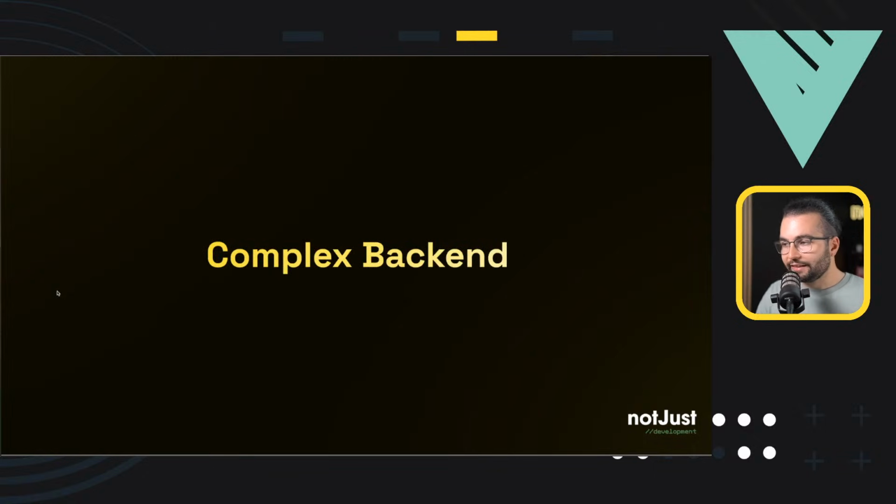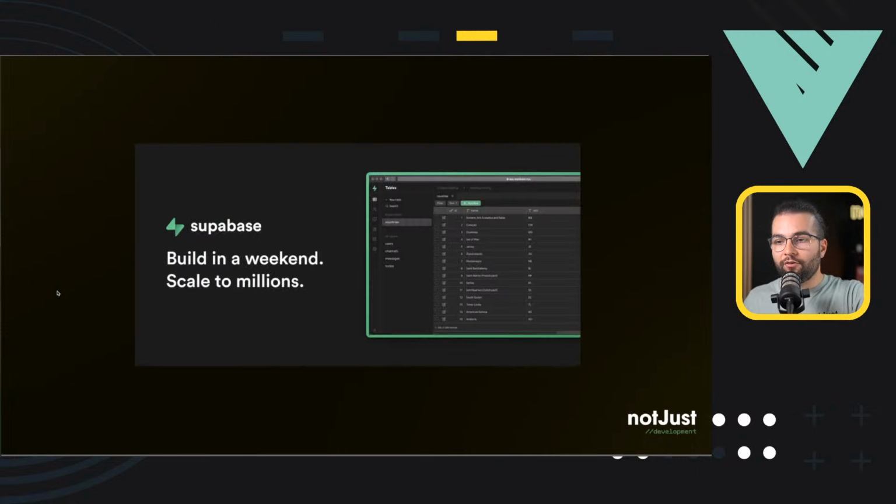However, if I have a more complicated backend, if I need authentication, accounts, a more complex database, maybe a lot of functions, edge functions where I need to do a lot of work on the data, or background jobs and so on, in that case, I use Supabase.